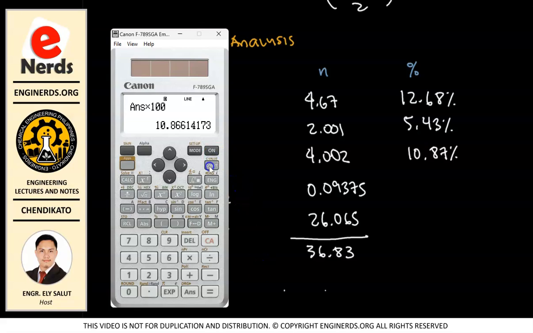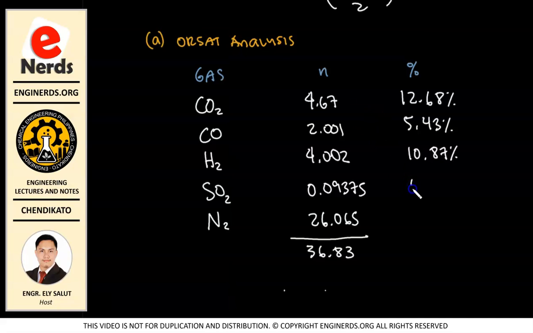For SO2, we have 0.09375 divided by 36.83 times 100, which is 0.25%.